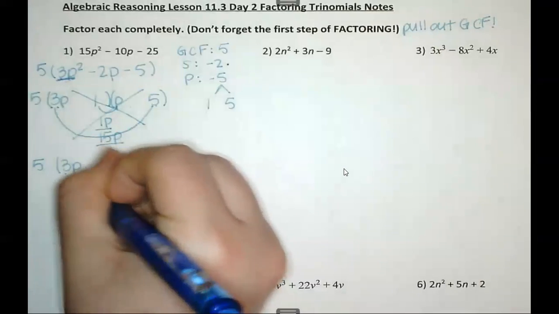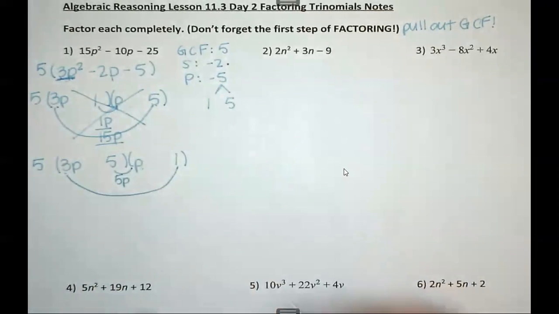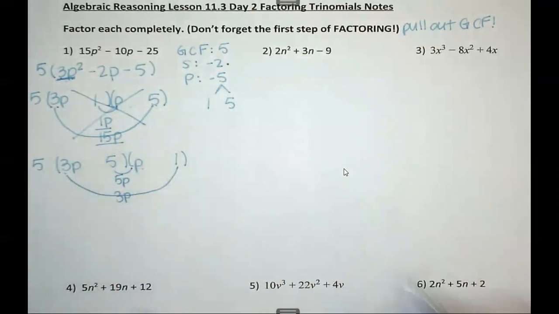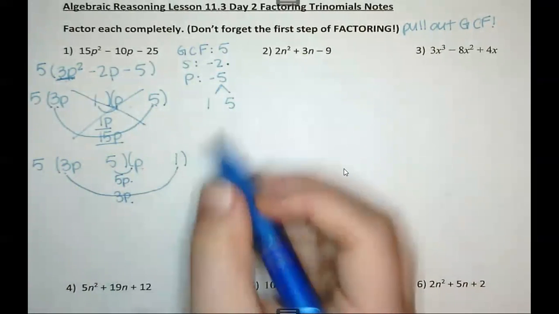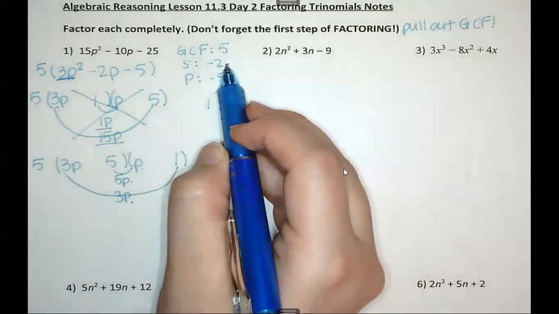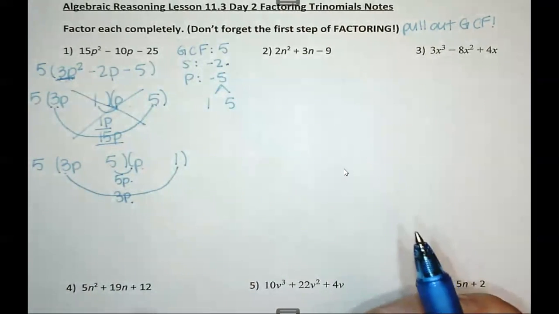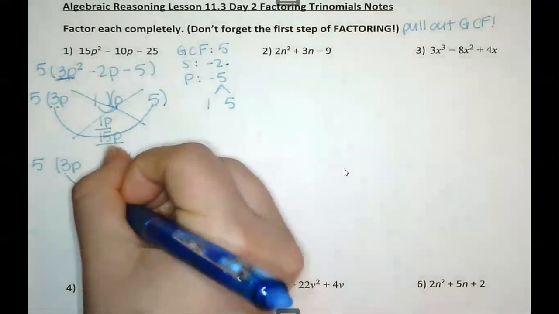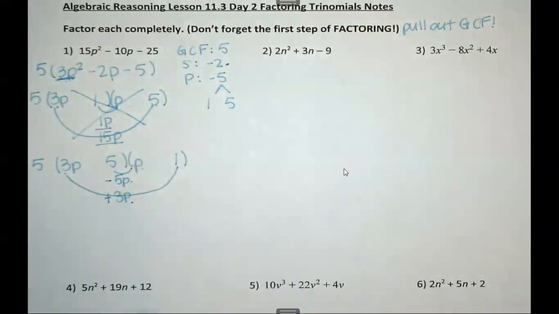And then I check the outside. 3p times 1 would give me 3p. And can I make 5p and 3p give me -2? Yes, I can. If I want a -2 when I add those together, I would need -5 plus 3.